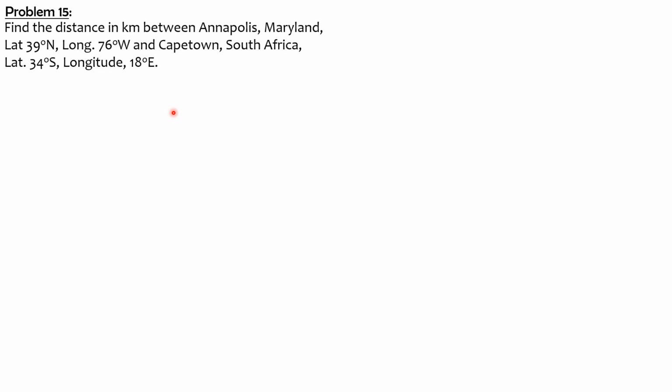Problem 16. Find the distance in kilometers between Annapolis, Maryland of latitude 39 degrees north, longitude 76 degrees west, and Cape Town, South Africa with latitude 34 degrees south, longitude 18 degrees east.